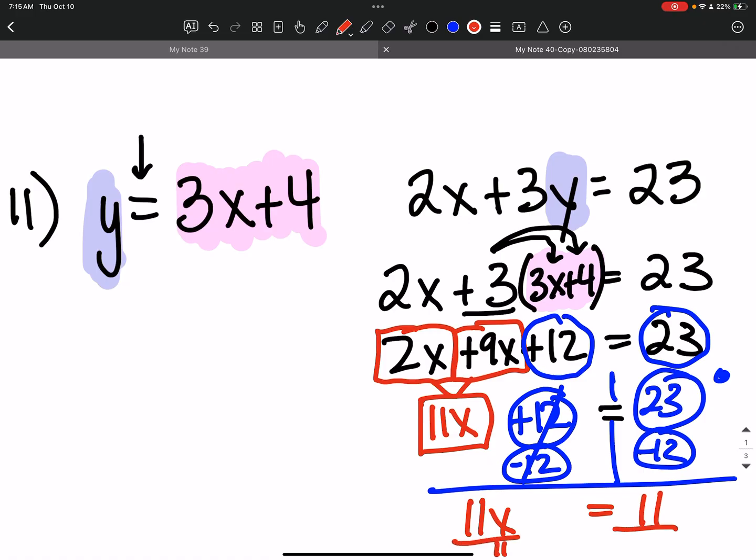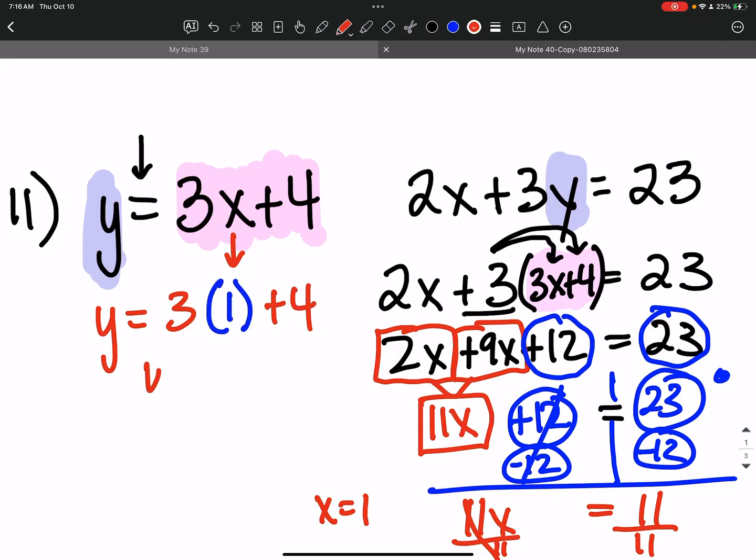Divide by 11. 11 divided by 11 is 1. So x's are 1s. So y equals 3 times x's are 1s plus 4. Y equals 3 plus 4. Y equals 7. So the answer in alphabetical order is 1, 7.